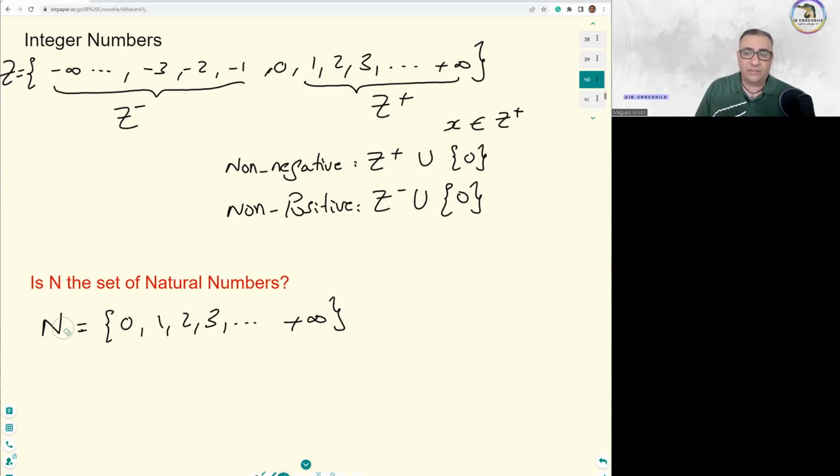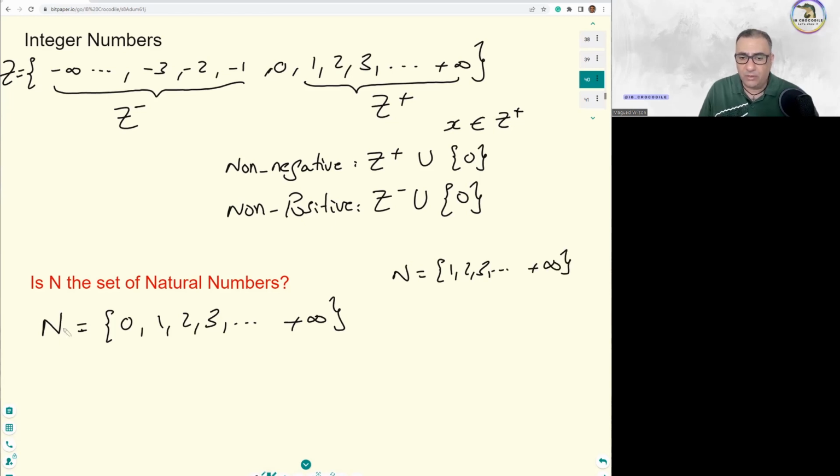There is one opinion that says that when you count naturally, you start with 1, not 0. So 0 is not a natural number, and the natural numbers should be 1, 2, 3, ... to positive infinity.